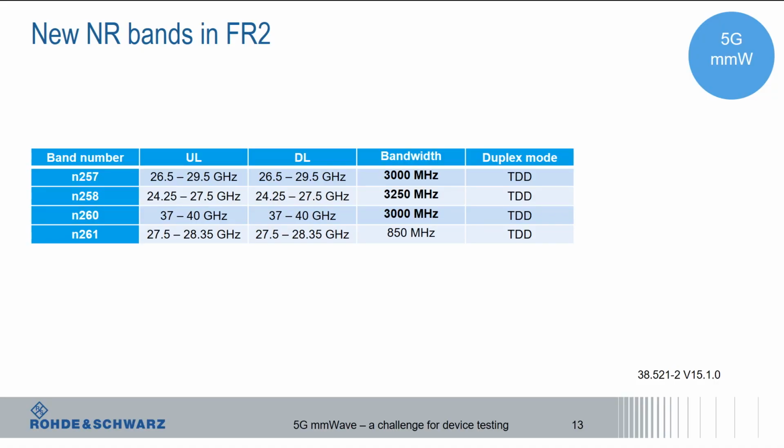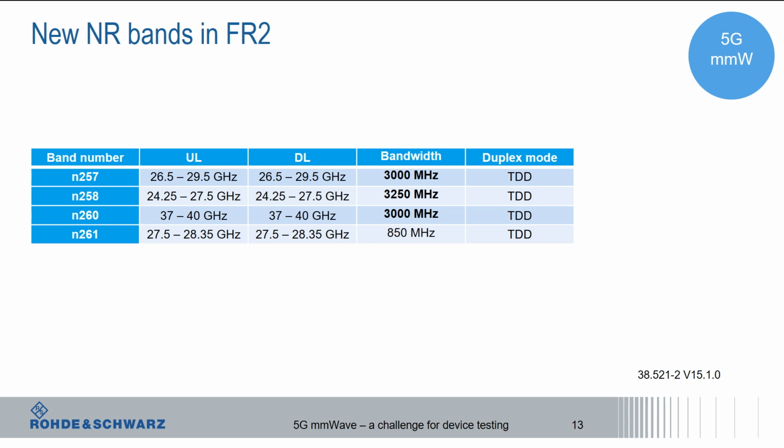And why is this? If you look into FR2 specifications and definitions, you have at the moment 4 bands specified. These are typically in the 25 gigahertz range, so you see here 24.25 up to 27.5. Then you have this 26.5 to 29.5, typically denoted as 28 gigahertz.